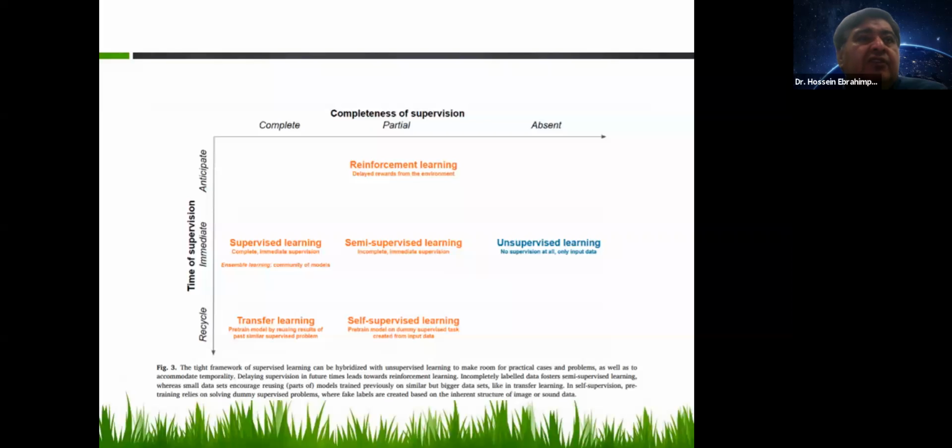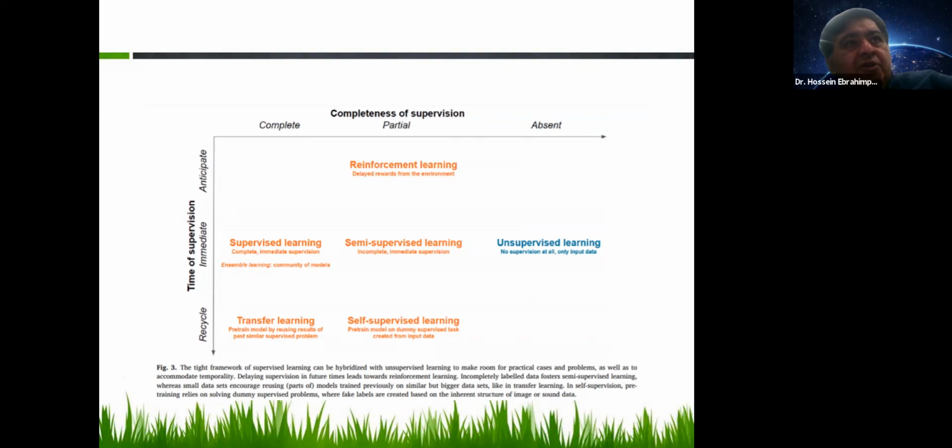Instead of that, if you have only a few results for the patients and some people that are not sick, then you feed it to the system, and the system itself learns it and expands it for the other data. This system can be called semi-supervised learning, or even we can call it self-supervised learning as well.